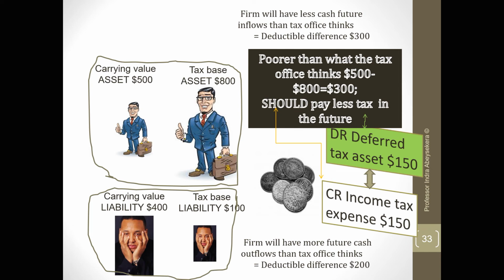And when the carrying value of the liability is greater than the tax base, the company is poorer. So that difference becomes a deductible difference between the carrying value and the tax base. And that deductible difference, when the tax rate is applied, becomes a deferred tax asset. So this difference in each instance is 300, and 30% of 300 becomes 90. So we debit deferred tax asset and credit income tax expense.